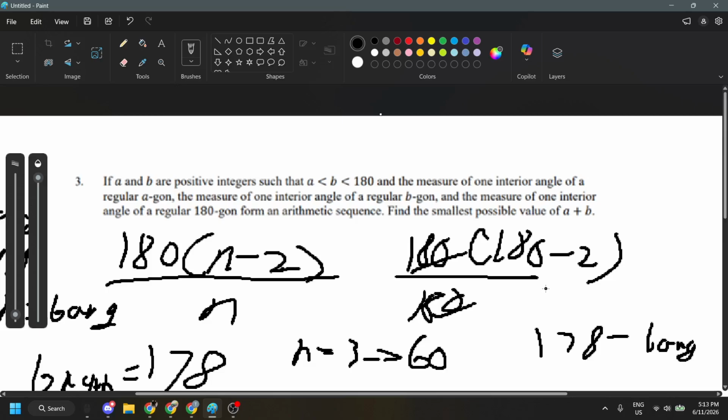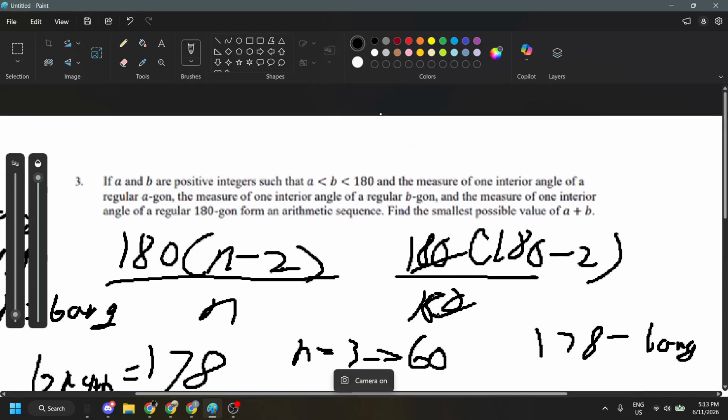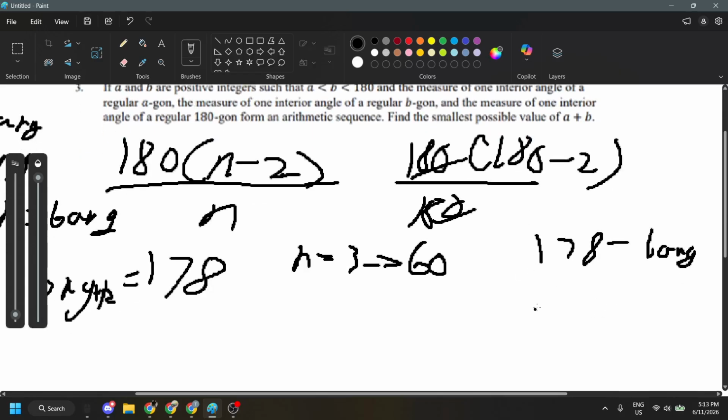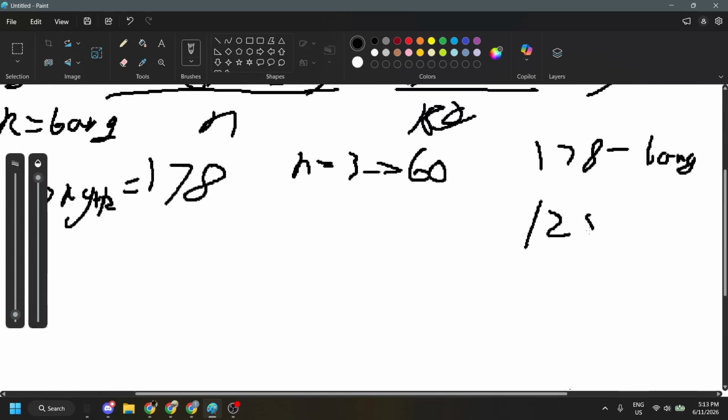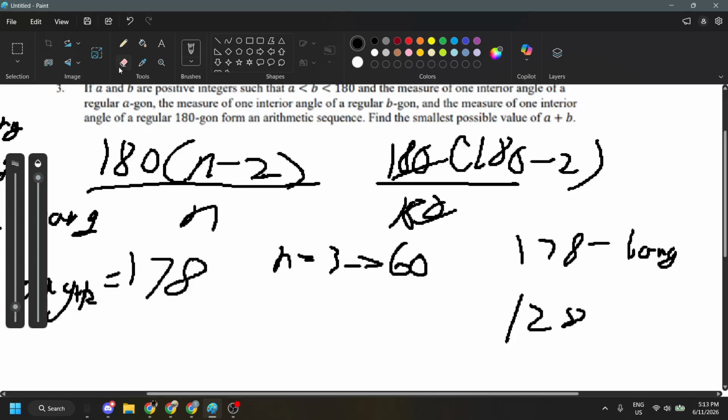Oh, no, none of them is going to be that large. Yeah, it can be actually. If I have like 60, this is 128. I think. No. 60 doesn't have to be the difference.